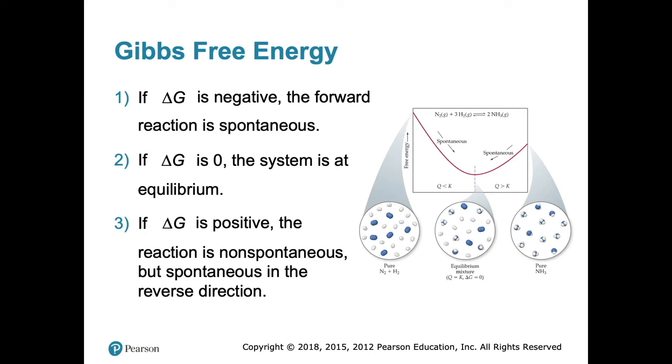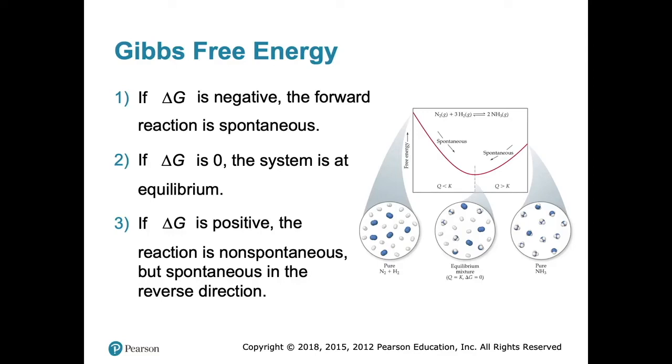Eventually, it's going to want to become ammonia, not ammonium, ammonia. Notice that it's spontaneous to get to equilibrium from both the reactant side and the product side. It's going towards equilibrium here, spontaneous, and going towards equilibrium here, spontaneous.